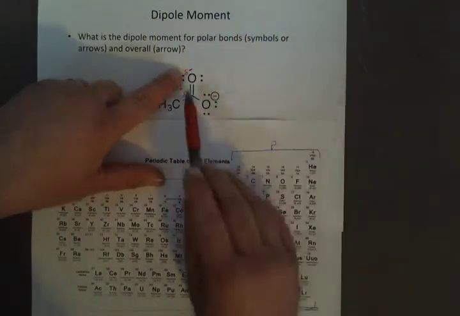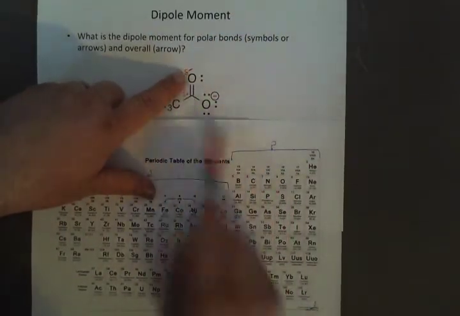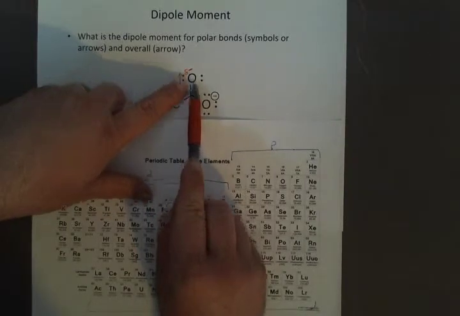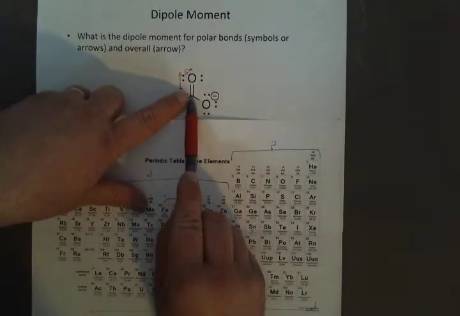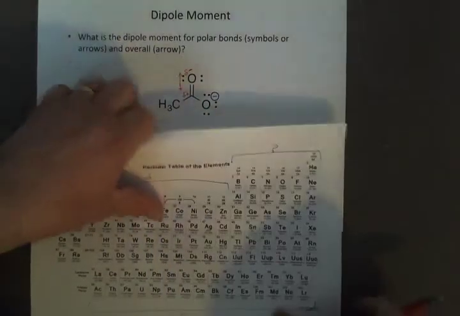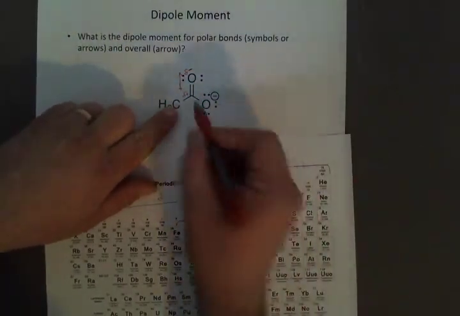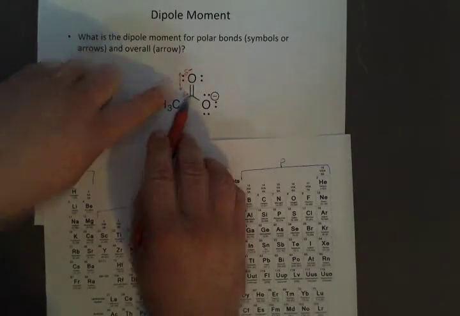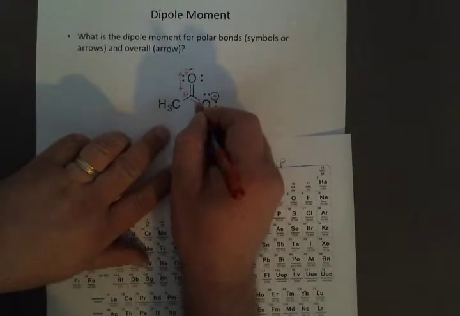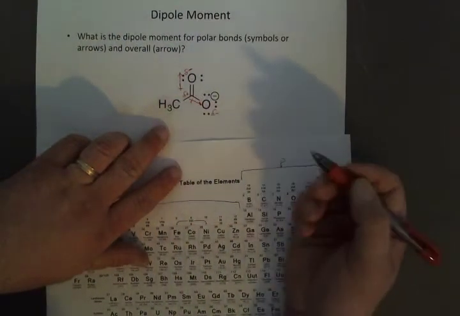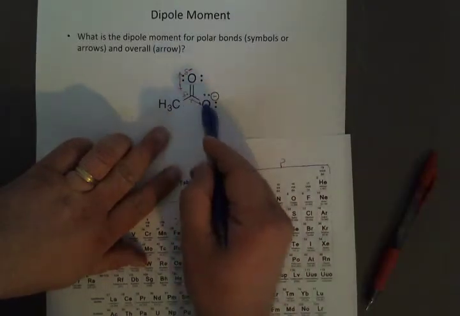Oxygen is more electronegative, so the electrons are going to spend more time on it than on this carbon. Same goes with this, which doesn't matter if it's a double bond, single bond, or triple bond. You're just looking at the difference between the atoms. So this one again is going to look like that. Those are the individual dipoles.